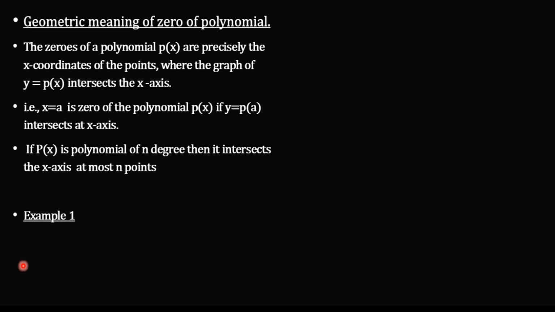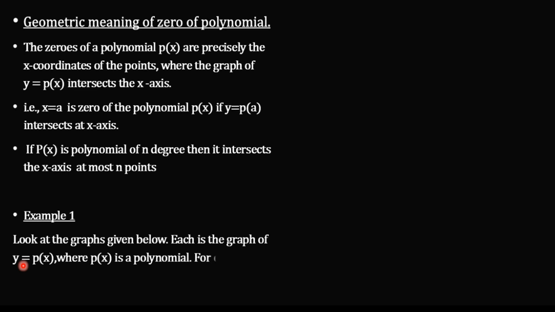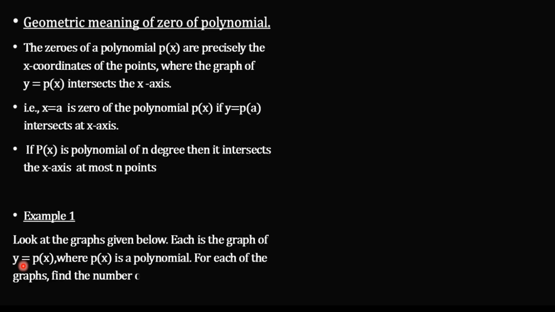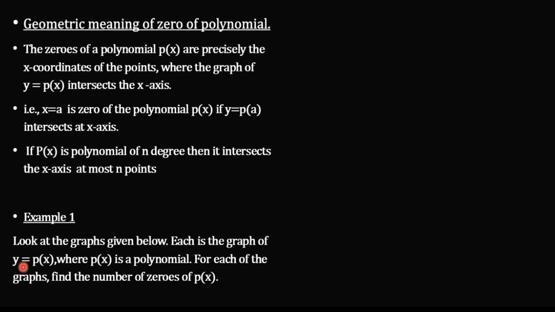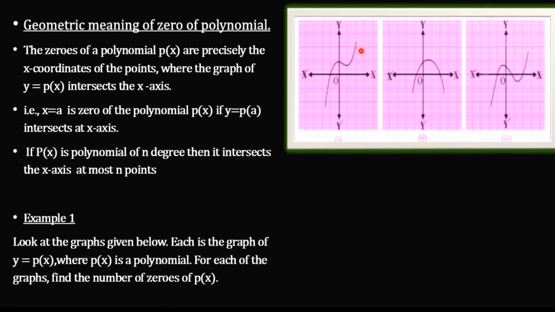So let us see one example. Look at the graphs given below. Each is the graph of y equal to p of x, where p of x is a polynomial. For each graph, find the number of zeros of p of x. How to find the number of zeros?